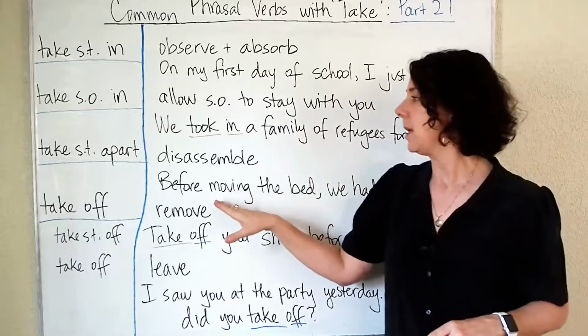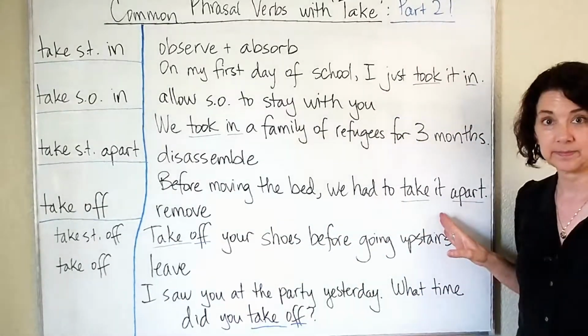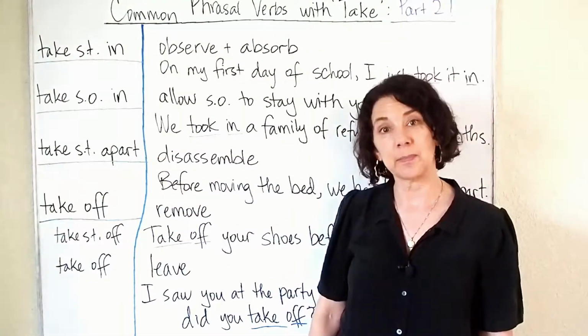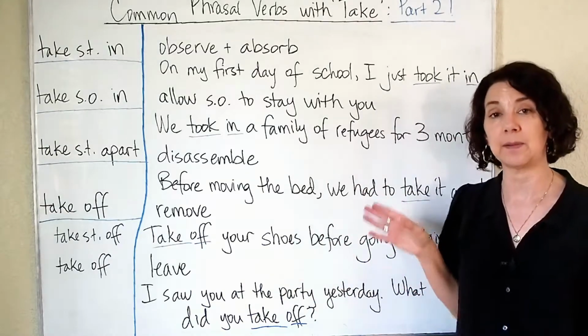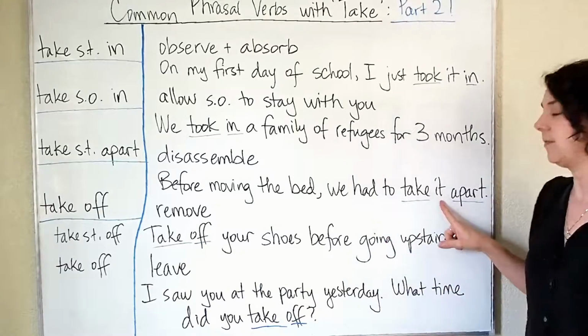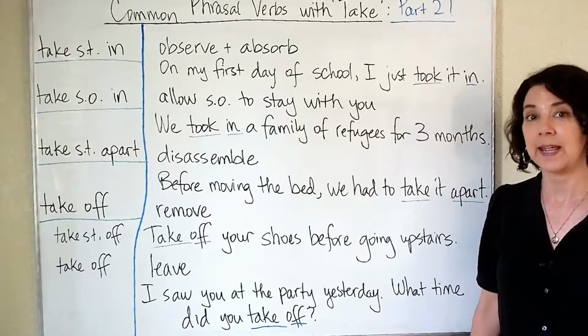For example, before moving the bed, we had to take it apart. So like these other ones, this is separable. That means that you can put the noun in between. You can say take the bed apart or take apart the bed. Or if you want to use the pronoun, you're going to put the pronoun in the middle. Take it apart.